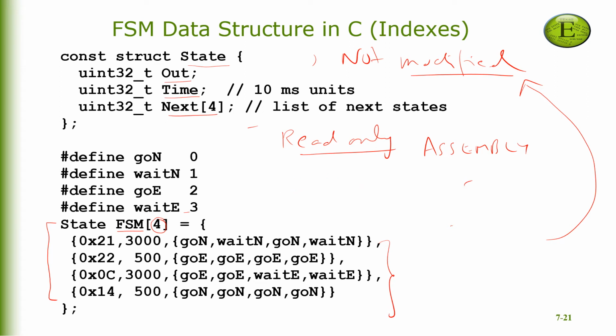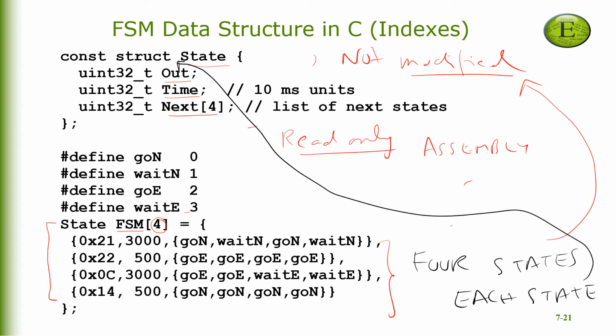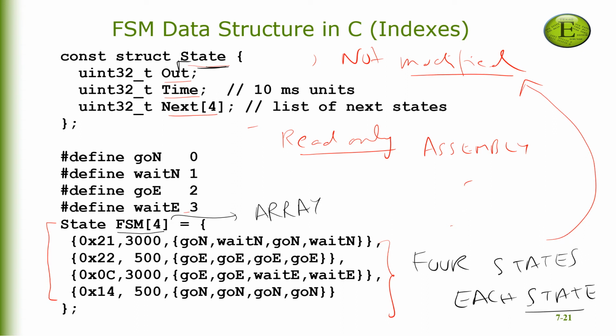We have 4 states, and each state is of type struct, whose name is state. So each state is of type state. In order to avoid confusion, we have defined an array of states known as FSM. So FSM is an array of states. It is an array of state.